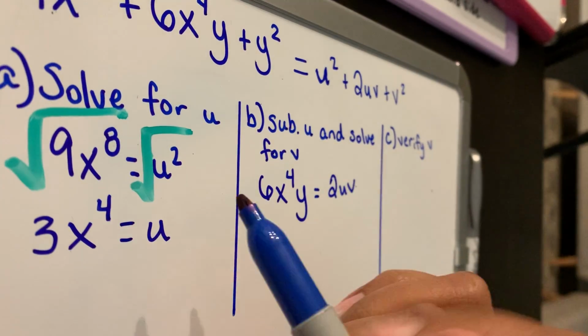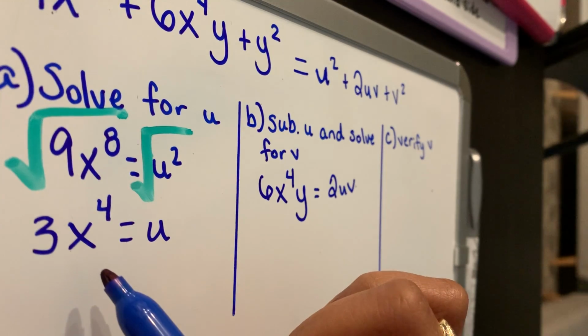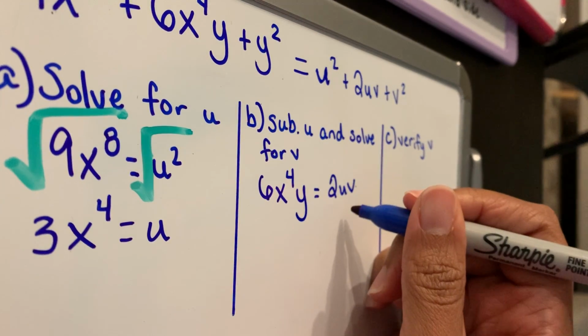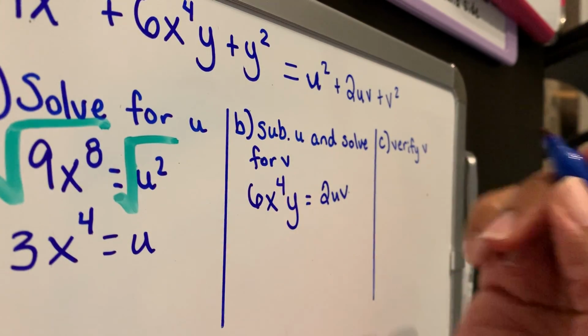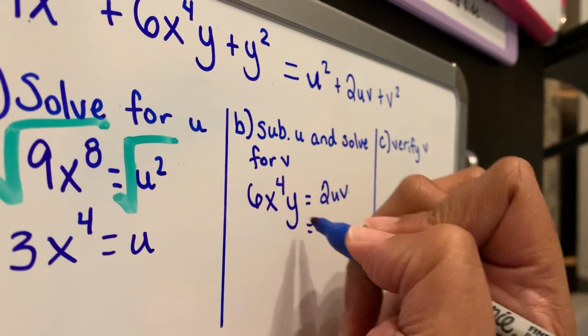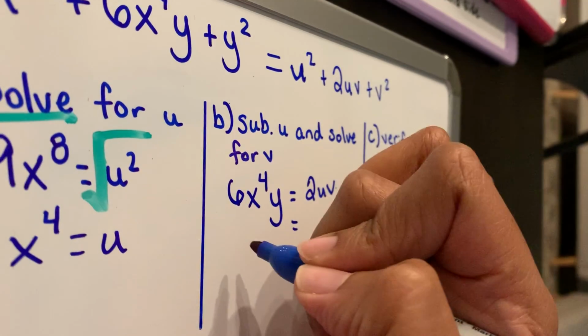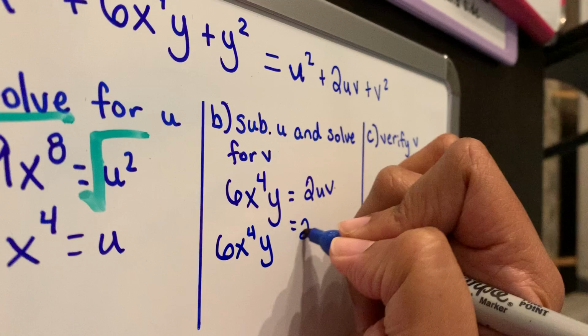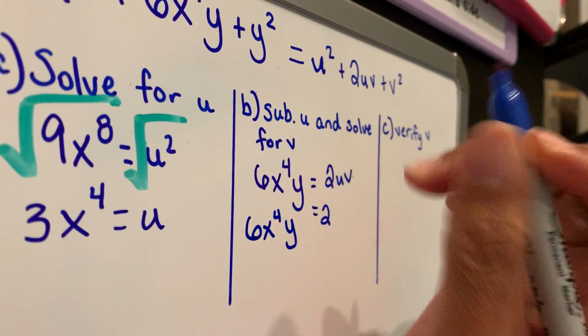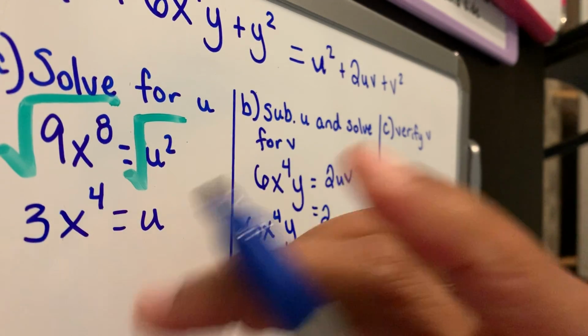So we said that u equals 3x to the 4th. So I'm going to replace this u with 3x to the 4th, okay? All right, so it looks like this. This side stays the same. I'm not changing this. So 6x to the 4th times y equals 2. We're not going to write u. Remember, u equals 3x to the 4th.